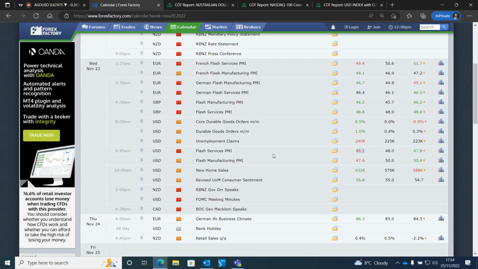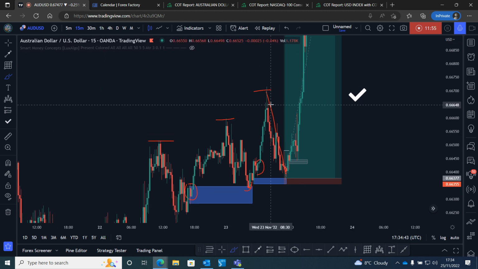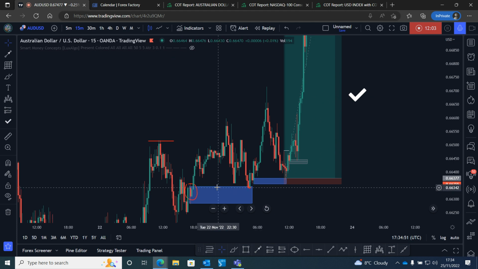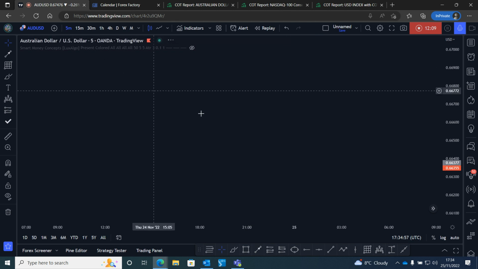When the news came out, it was negative for the US dollar, which is good for our analysis, because it tells us that price will most likely continue to the upside due to the heavy confirmation from the fundamental side. So our technicals are confirming buyers are in control, and our fundamentals also confirm this.